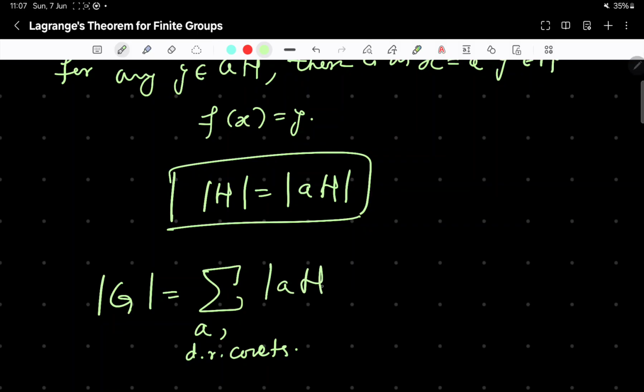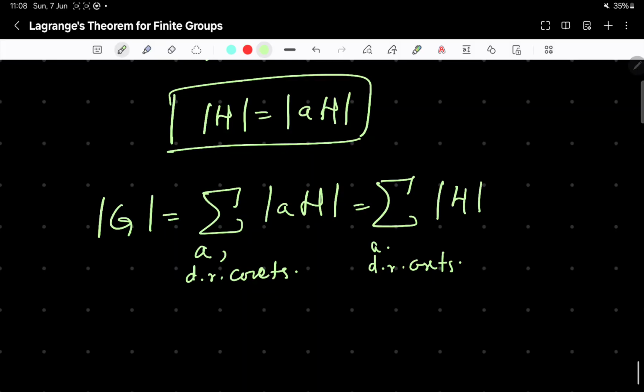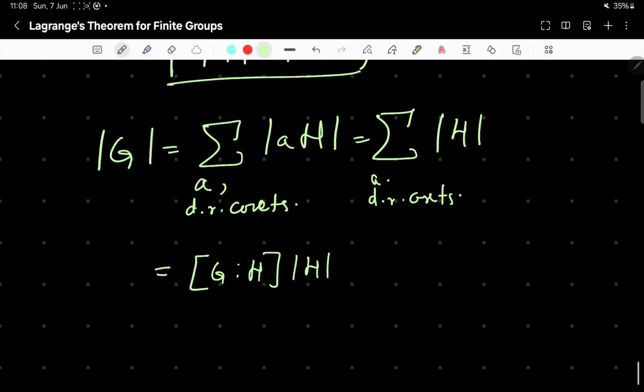So now this cardinality depends on A, but you can change it to the cardinality of H only, which is independent of A. Now H is independent of anything.